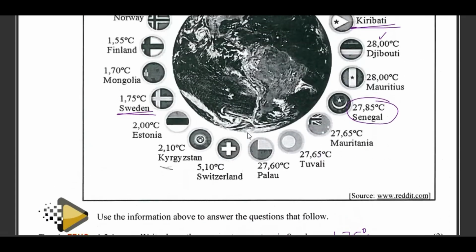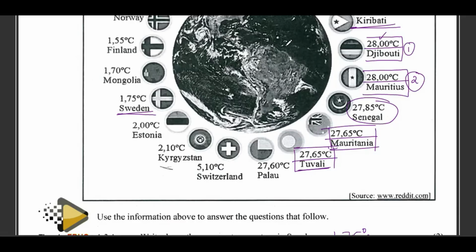So when you look here, you look at that. This has the same as this one. So you had to write this, you had to write that. When you come down here, you look at that and this. They have the exact temperature. So you have to write that down.